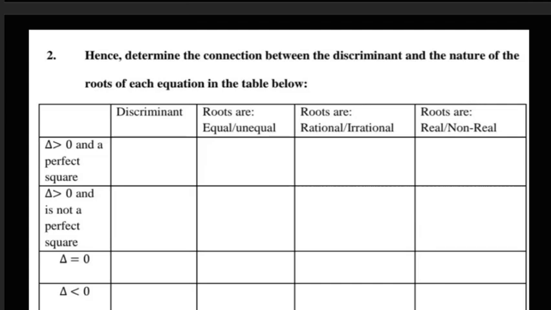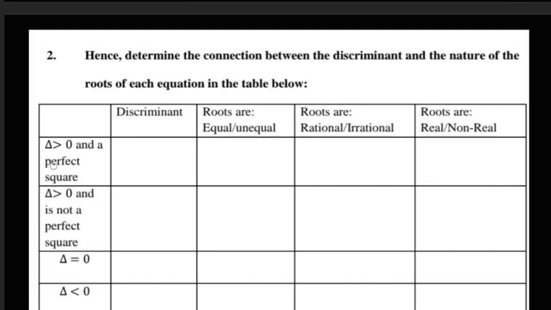So we've got this table, and we need to fill in our discriminants according to the type of discriminant that we have.